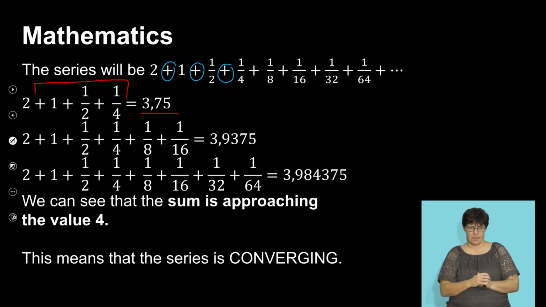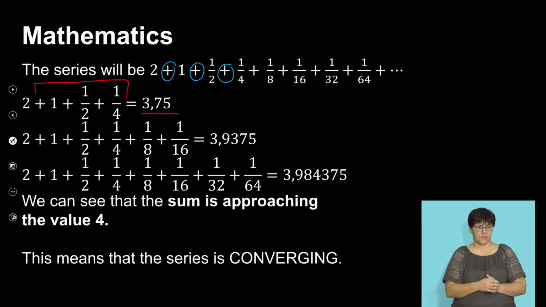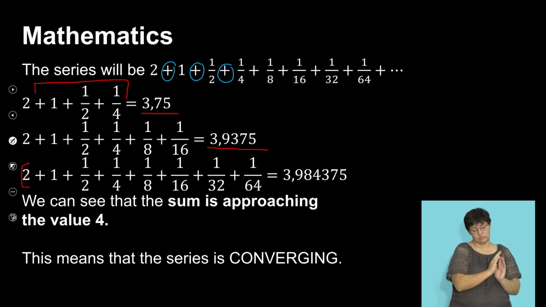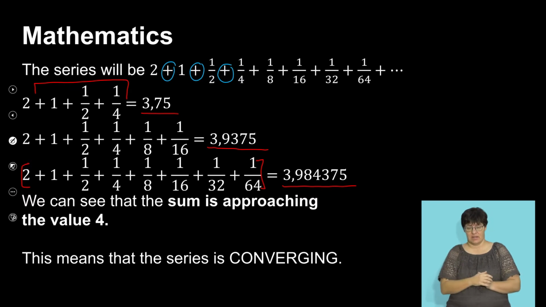But now I'm going to see what happens if I continue to add terms of this specific sequence together. If I add a few more terms of this series together, with 2 plus 1 plus a half the whole way up to a 16th, I get 3.9375. I'm sure that you can see that the sum of this series is starting to head towards the number 4. Let's add the values from 2 going the whole way up to 1 over 64. If I added all of those together, you can test it on your calculators, I'm going to get 3.984375.